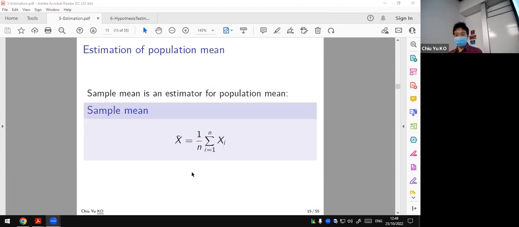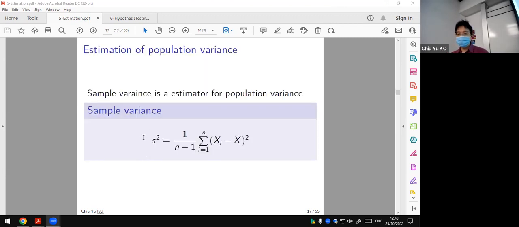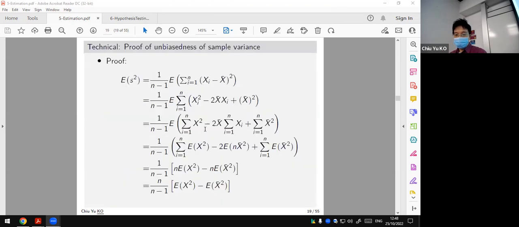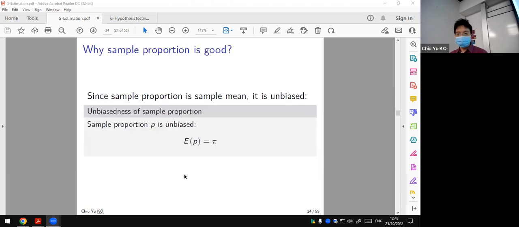So the sample mean, as we said, satisfies all three criteria. That's good. The sample variance with n-1 satisfies unbiasedness, and it's also consistent. And for binary data, the sample proportion is unbiased, because it also satisfies all three nice properties, being a sample mean.